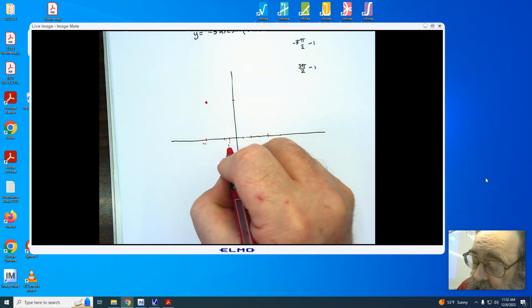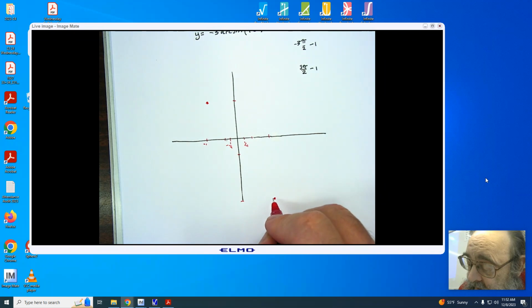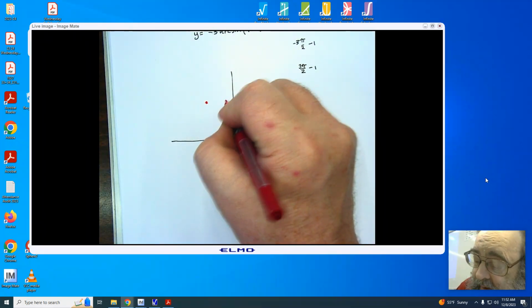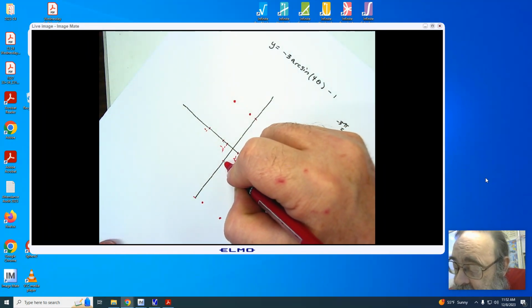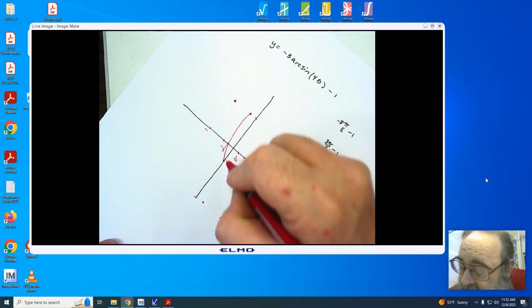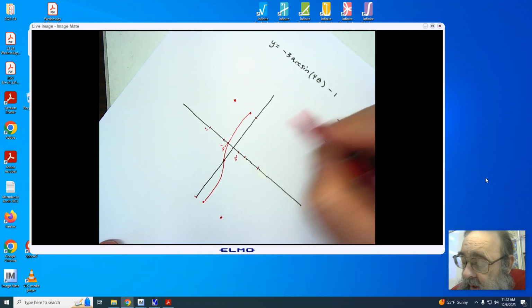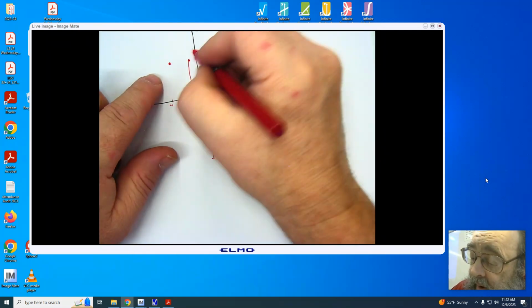So here's my 1/4 negative. Here's my positive 1/4. That means that point is going to be here. This point here. We're going to the 0, so we have to make sure that we go up like that, down like that, and now we have to label our points.